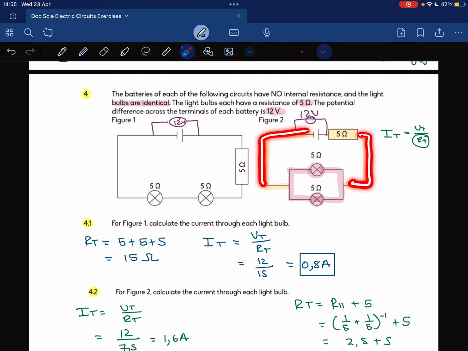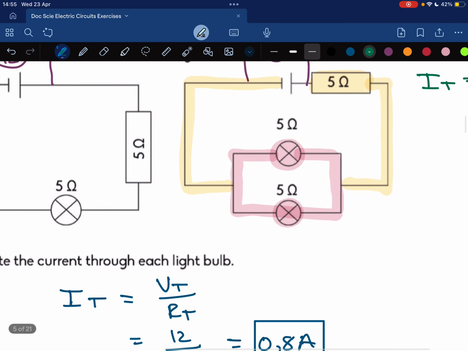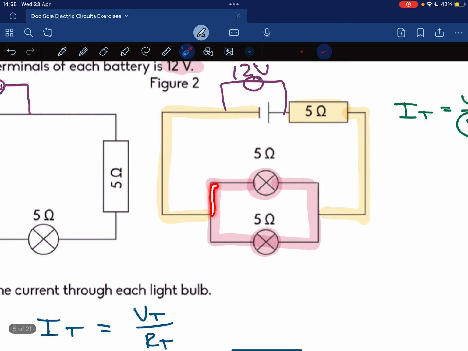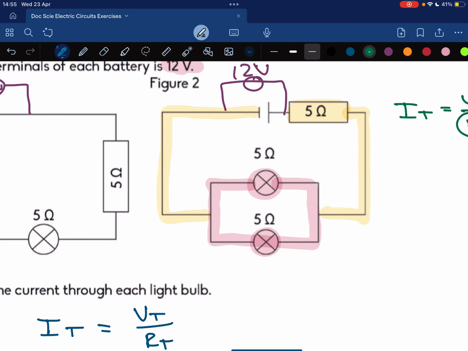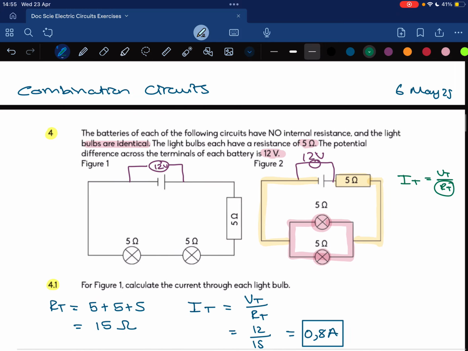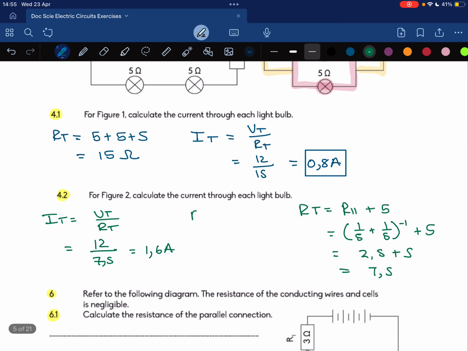So 1.6 amps is the total current. But the current through the light bulbs is going to split. Now you can do the calculations, but something that's quite easy to see is that this light bulb and this light bulb are equal to one another, which means the current is going to split equally. So through the bulbs, the current is just going to be 1.6 divided by 2, which is 0.8 amps each.